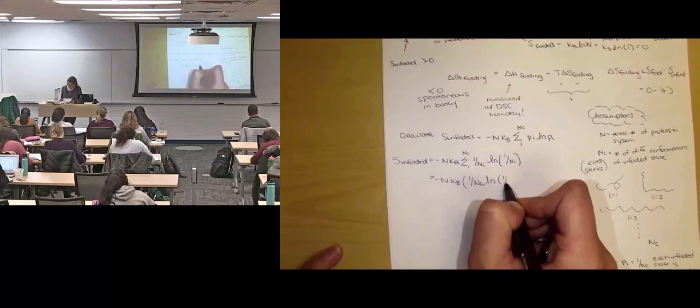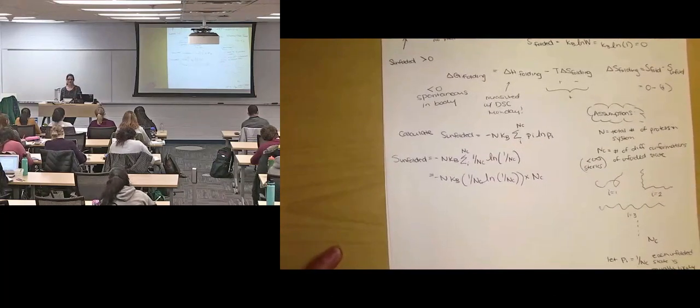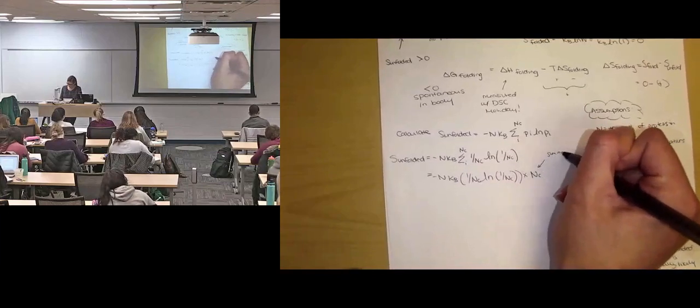So this is negative N Boltzmann's constant times 1 over the number of conformations, the natural log of 1 over the number of conformations, times the number of conformations that there are. Okay. So I'm summing up basically the same probability n sub c times until I've considered all of those unfolded states.